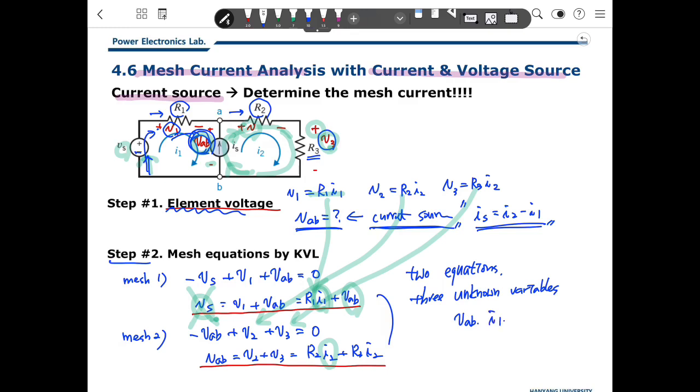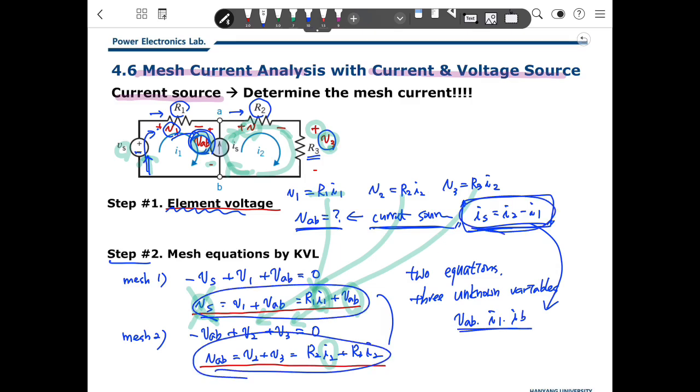VAB, I1 and I2. So we need one more equation. How do we get that? That is from the current source relation here. So we have 3 equations and 3 unknown variables. Based on these, we can calculate.